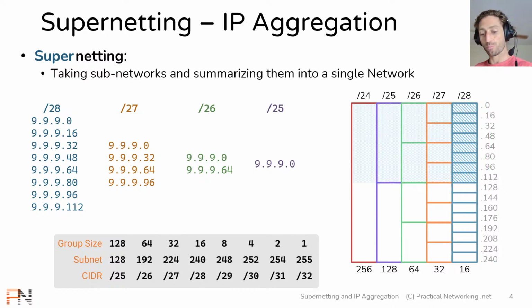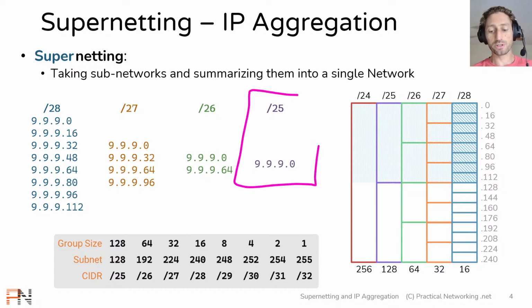So while you can go bigger, typically with supernetting, you're trying to summarize into the smallest single network. If not, technically, you could just summarize everything into 0.0.0.0/0, which is the network ID and mask that encompasses the entire IPv4 internet. These 8 /28s definitely fit in 0.0.0.0. So, while that would be a correct summary, it isn't the most correct summary.